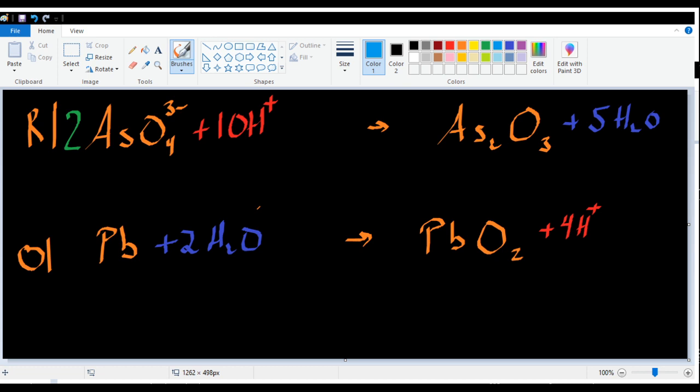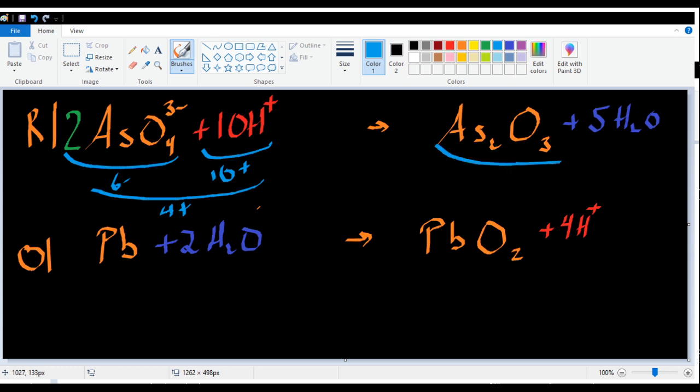So 2 times 3, 6 minus. 10 times 1 is 10 plus. Four plus versus a total of 0 means we need 4 electrons right there.